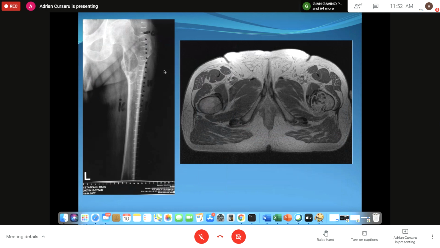Another example, a discrepancy between a lesion that we are seeing on X-ray, that's osteolysis.